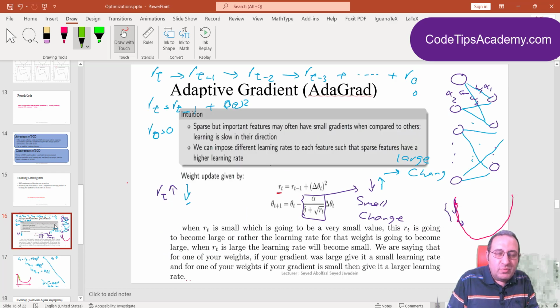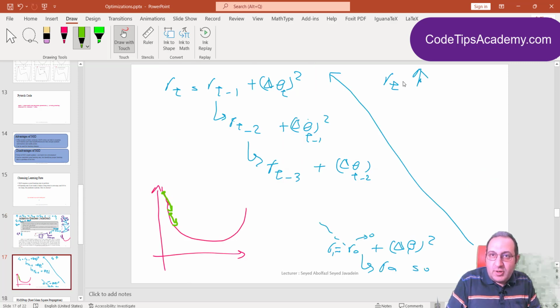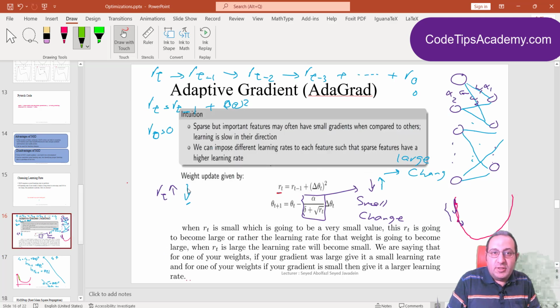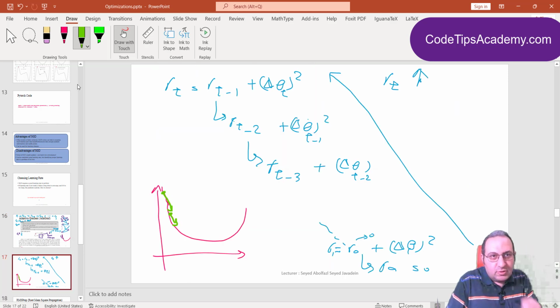But when we move forward to the global minimum, and we get closer to the global minimum, the steps will be smaller. Why? Because RT will be larger, and large RT makes small changes. This means that in the last steps, when we are close to the global minimum, we have short steps to reach it.